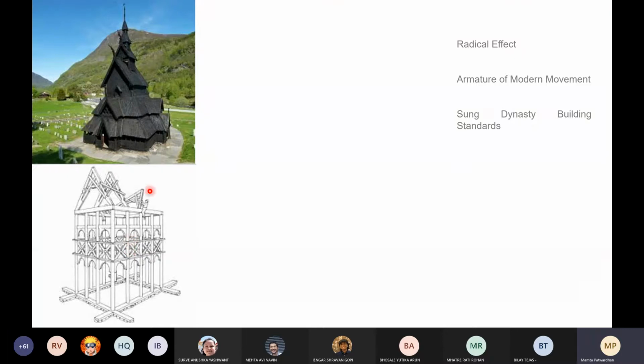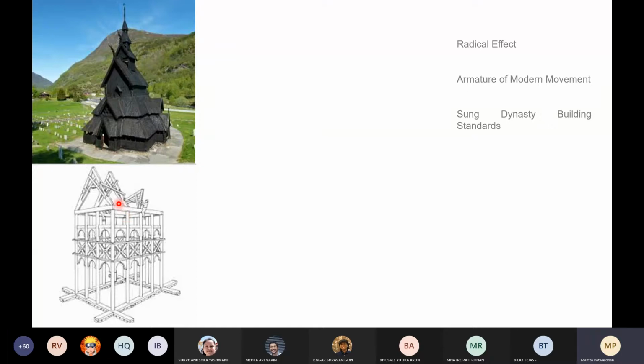This example that we see here, you can write it down, is the small Stave church in Norway. Okay, it's a small stave church in Norway, which also used this kind of skeletal framework. And like I said, they didn't create that kind of lasting impact that we would have probably expected.